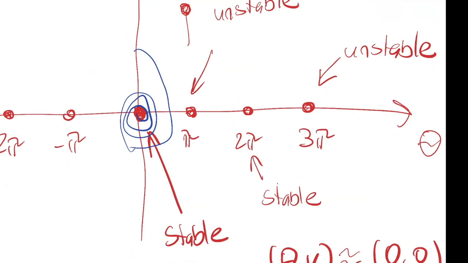Well, here's where a spiral sink would fall. But again, we don't want to extend that analysis to points that are not close to 0, 0. So this is not going to tell us anything about the dynamics over here, for example.